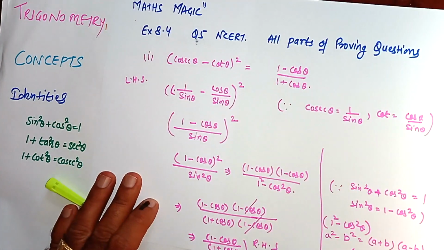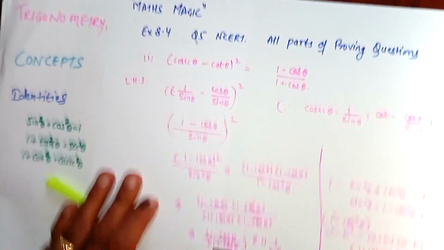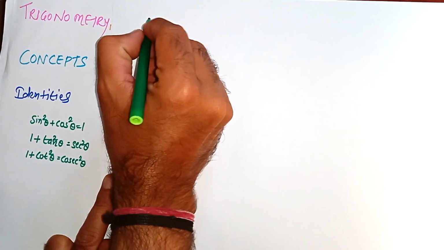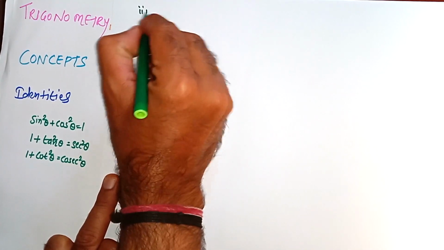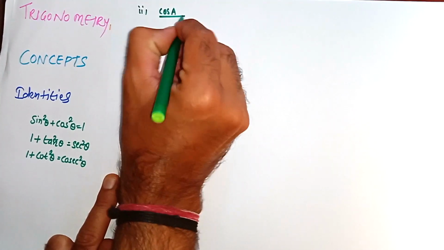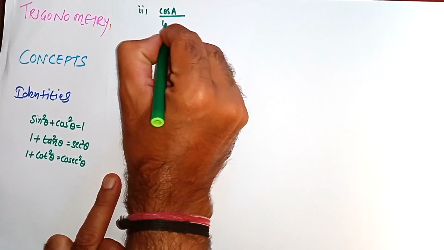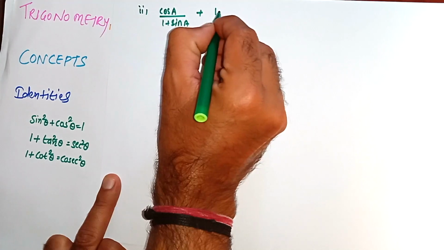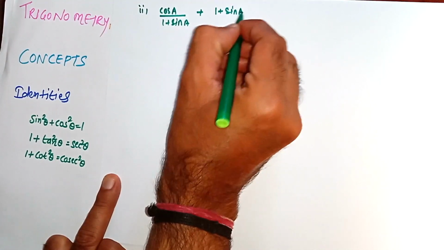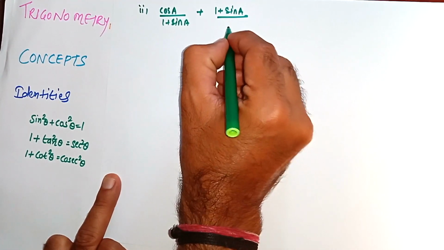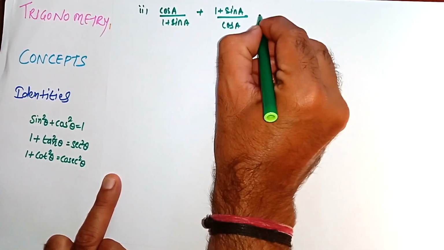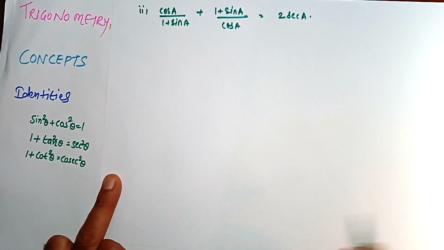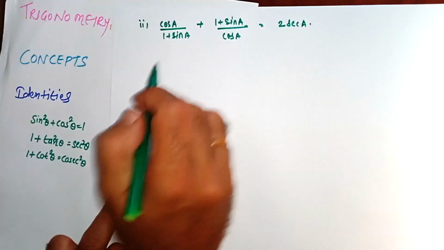Coming to the next question, which is the second part: cos A over 1 plus sin A plus 1 plus sin A over cos A. You have to prove this is equal to 2 sec A. Now what should we do?